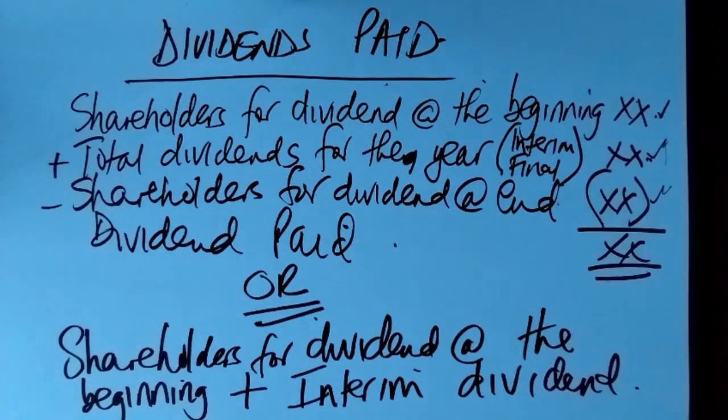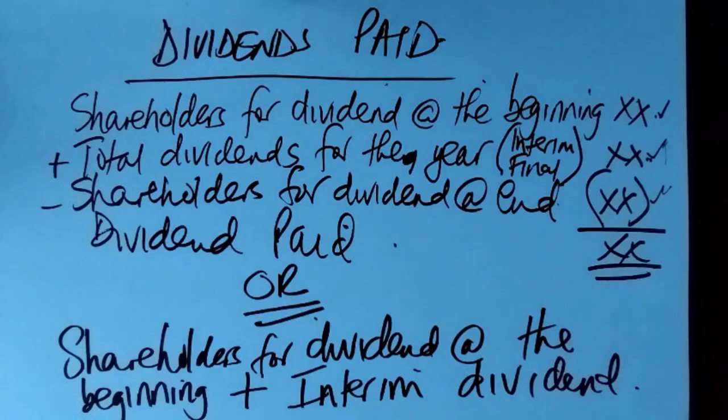But final dividend is never paid in the same year because you first of all have to close the year, do your financial records, have them audited, and then the dividend can only be paid in the following year. You have to go through the year-end processes of doing your financial statements, having them audited, and then making a proposal to the board, and having it approved.